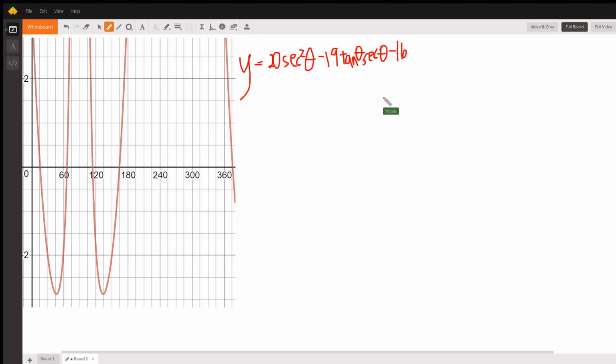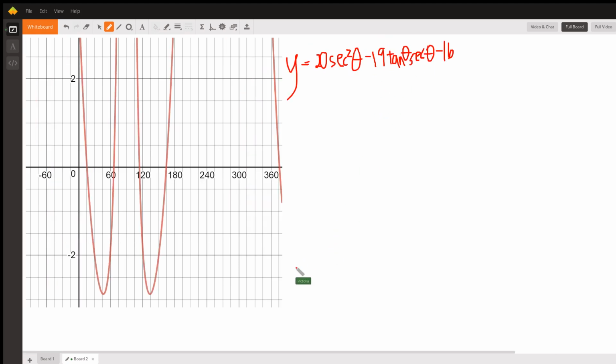That's what's graphed here. Now take a look at where it crosses the x-axis, because that's when y equals 0, right? When it crosses the x-axis. So if I set this equal to 0, that's going to be this point, and this point, and this point, and this point.